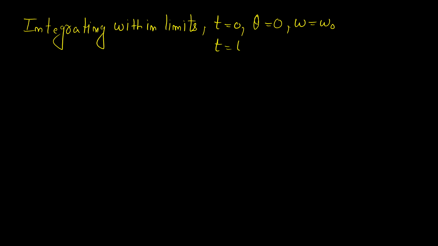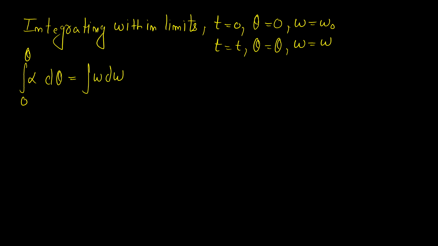When time equal to t, theta equal to theta, and omega is omega. Then putting limits, we get integrating alpha d theta, limit 0 to theta, equal to integrating omega d omega, limit omega naught to omega.